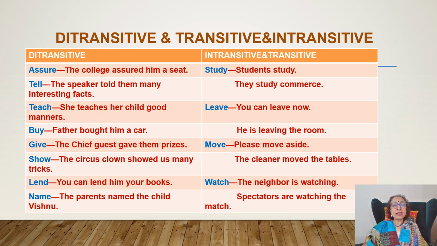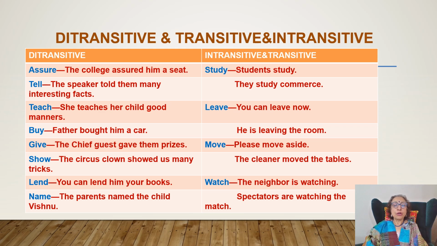These verbs can also be used with a single direct object as transitive verbs. So they are ditransitive when they have two objects, one after another, and transitive when they have one object.